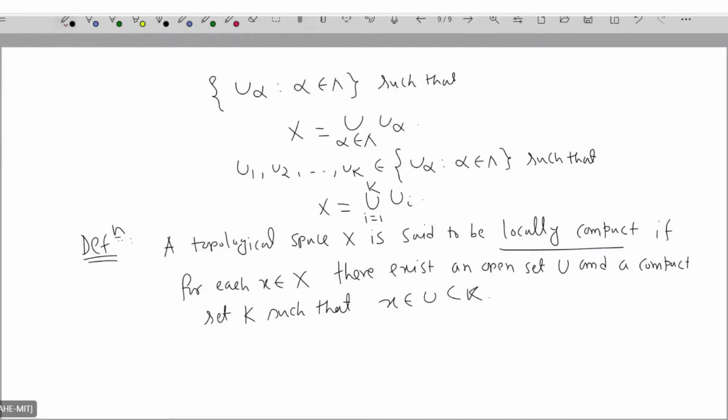When a space has this property, we call that space a locally compact space.